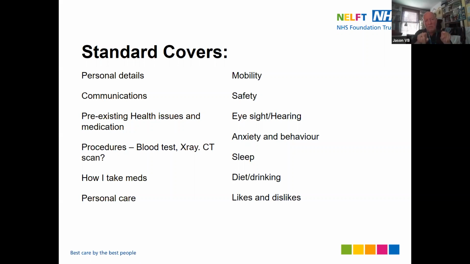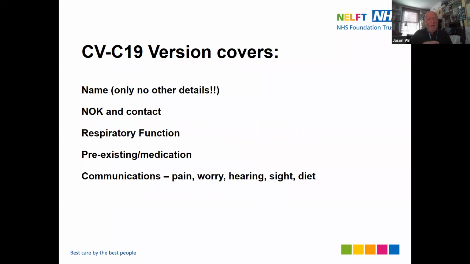And I do like to spend time in that green area. They're things that are nice to know, but I think they're more critical than that. As I mentioned, the COVID-19 version literally has the person's name, and there's nothing else there. So if your name's John Smith, you might want to think about making it a bit more personalised or person-centred.